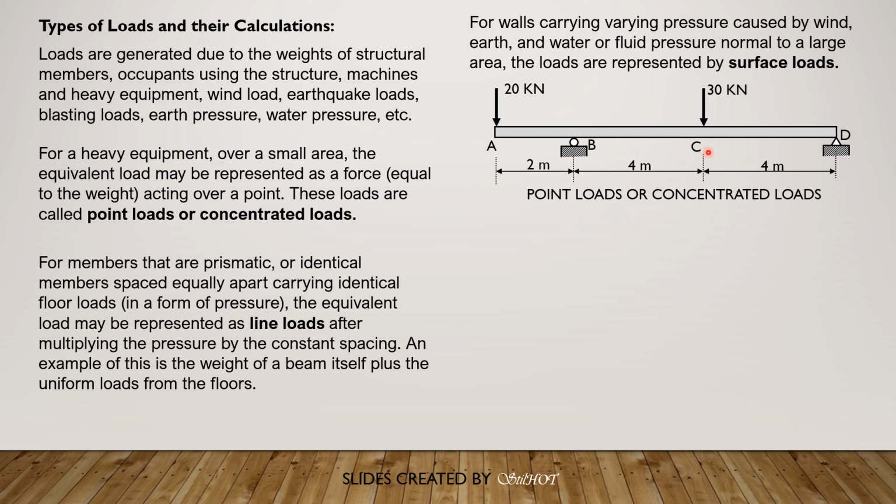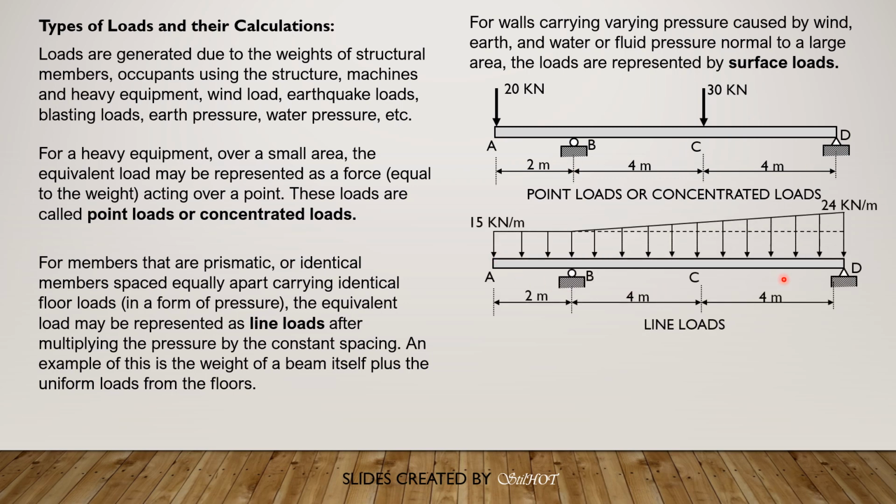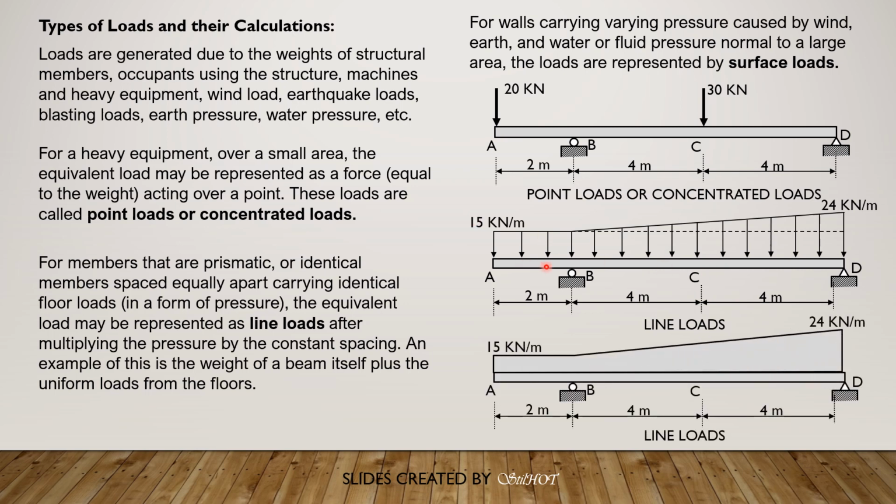So here is an example of point loads or concentrated loads acting on a beam. This is an example of line loads applied over a beam. And another way to represent this surface load is this one, represented by an area.